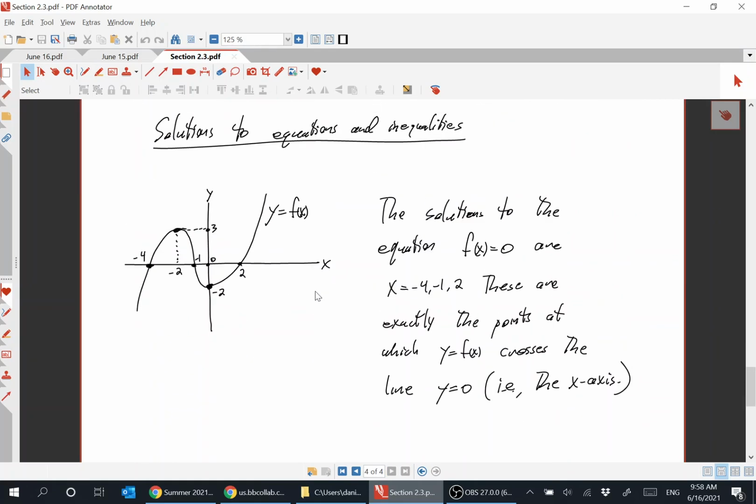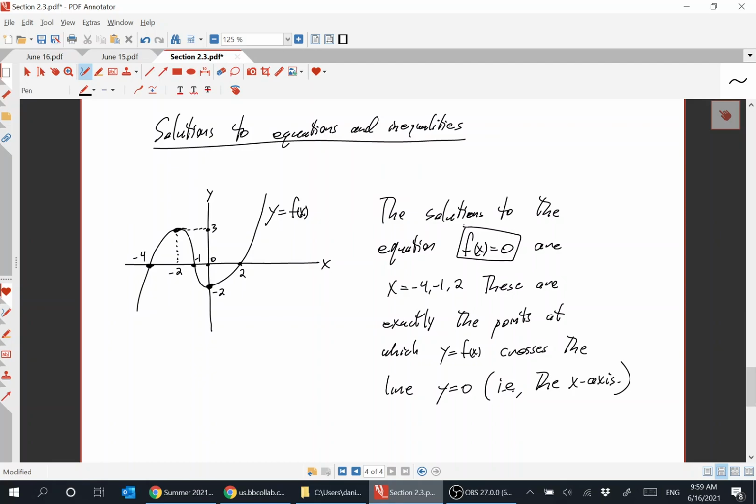Then the third thing that you can get is solutions to equations and inequalities. So if you've got this function here, the same one that we had in the previous example, and the function f of x was defined algebraically in some way, we look at the equation f of x equal to 0, and what are the solutions to that equation?